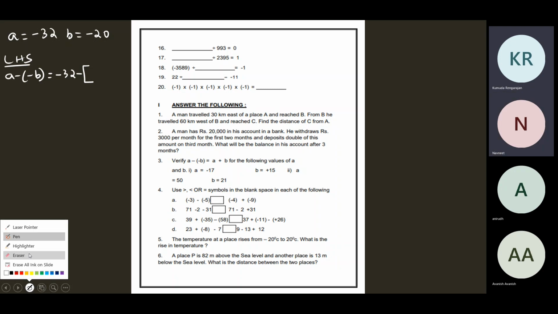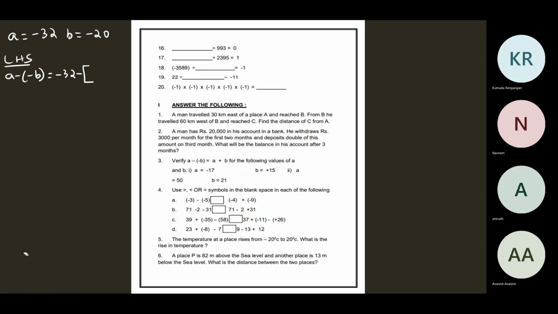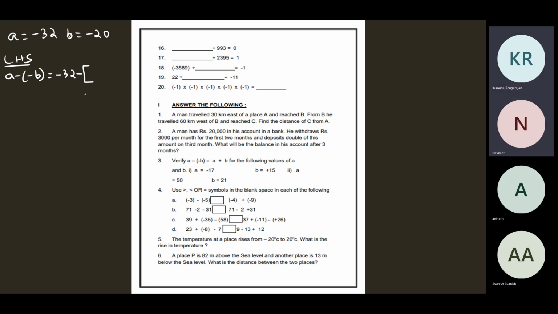What did I say? Instead of A and B, write the values of A and B. Don't you understand that? Ma'am, can I tell? Yes, Avinash. Ma'am, minus 32 minus bracket minus 20. No, you all know it, but you're not saying it correctly.